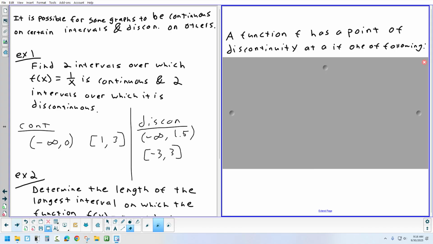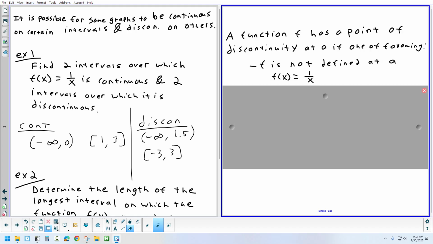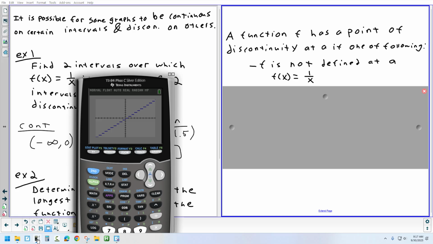So there are really 3 different ways that you can have a discontinuity in a graph. The first way is you have an undefined value in the function. Undefined value, like for a rational function, would mean you tried to divide by 0. Dividing by 0 will give you a discontinuity in the graph.